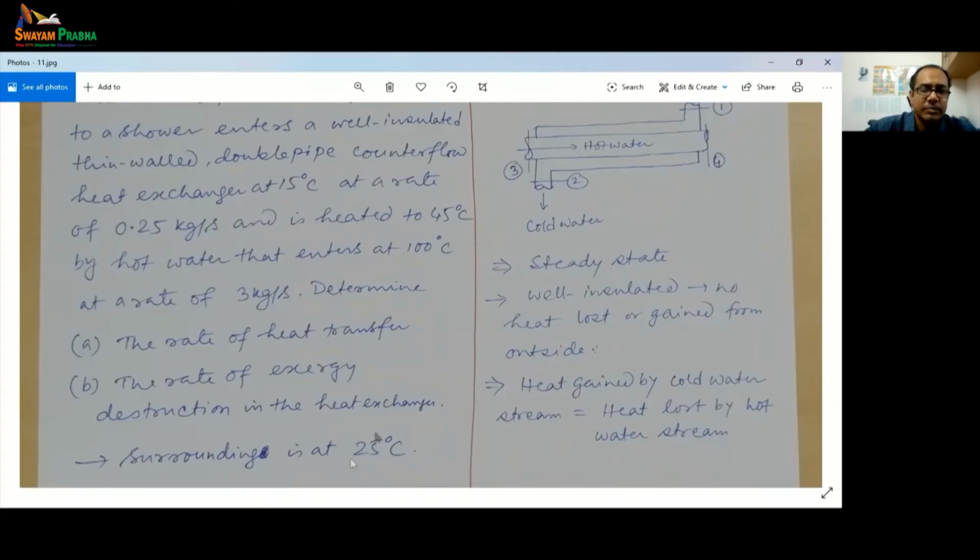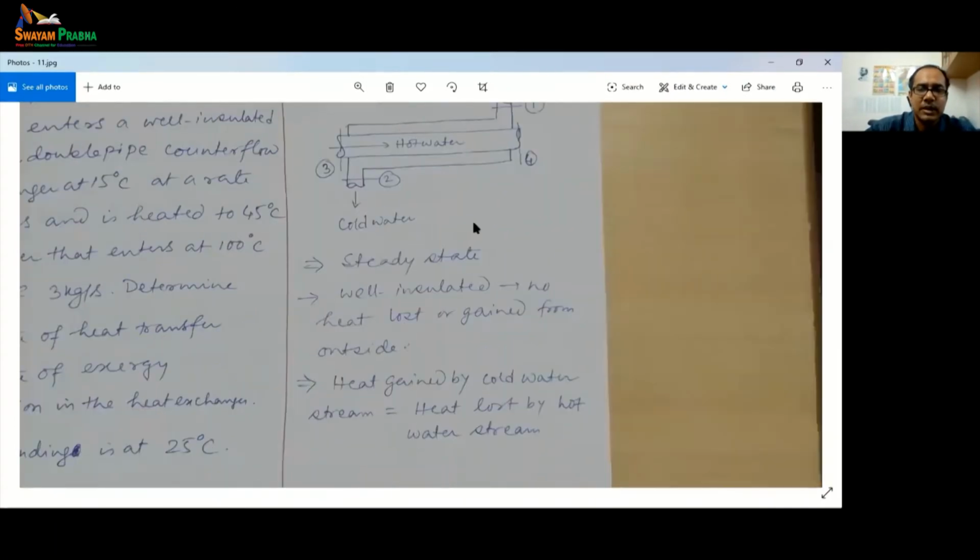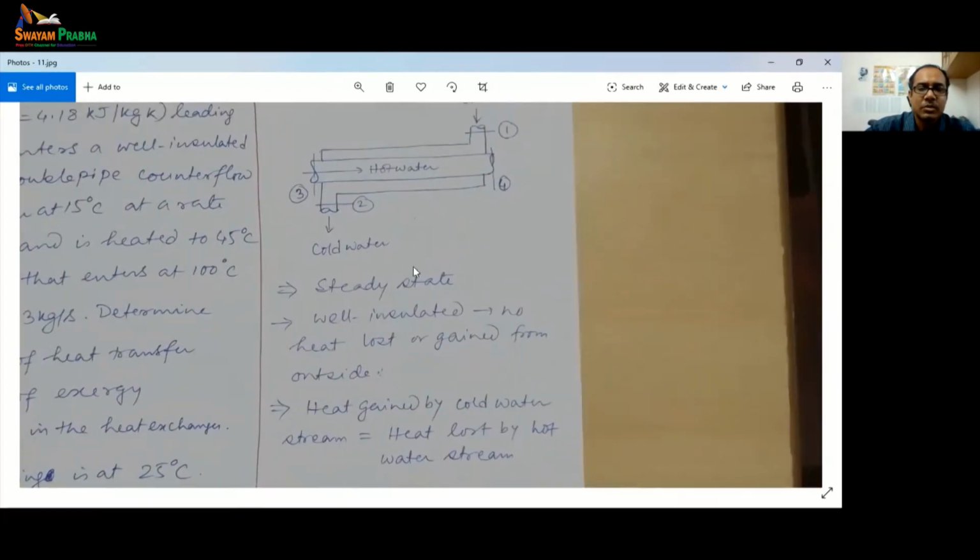Okay, and the surrounding temperature is given to be 25 degrees centigrade. So if we look at the problem, first observation, it's a steady state problem and well insulated. So that means no heat is lost or gained from outside.